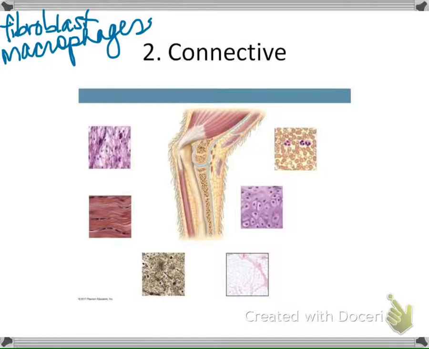And you have three types of connective tissue fibers. You have collagen, which is for strength and flexibility.